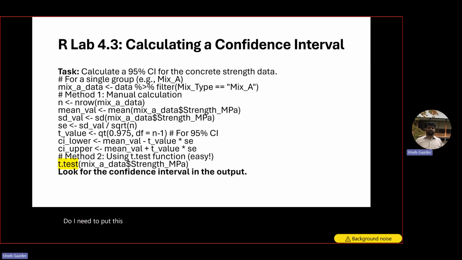Is it different? Installing the package only needs to be done once. I have it installed. Yeah, install this once. Just copying this one. Yeah, this one.